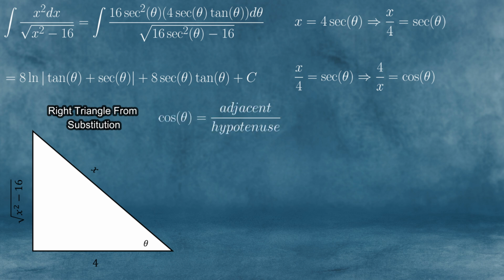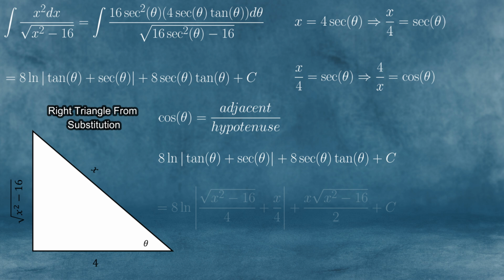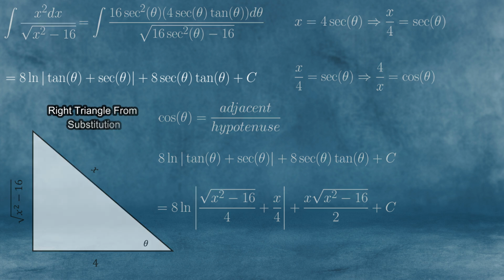Now, if we apply the substitutions in terms of x, we get that our final result will be equal to 8 times the natural logarithm of the square root of x squared minus 16 plus x divided by 4 plus x times the square root of x squared minus 16 divided by 2 plus c.